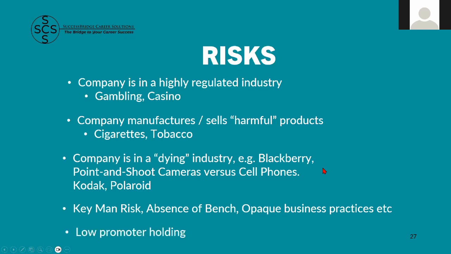Okay, and so another risk is low promoter holding. What happens if promoter holding goes below 50%? That means the company opens itself up to hostile takeovers and other kinds of issues, which are frankly a very big distraction. There are lots of cases where a corporate raider or a competitor has convinced other institutional investors to sell their shares to them and then launched a takeover bid.